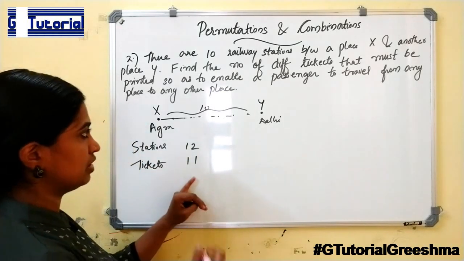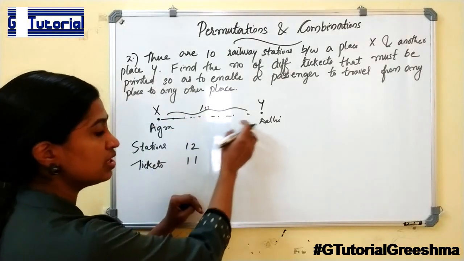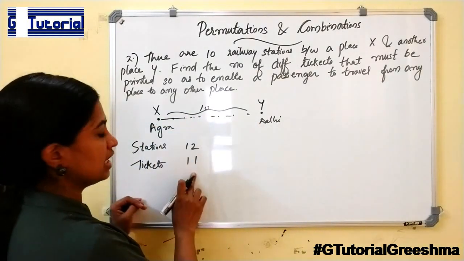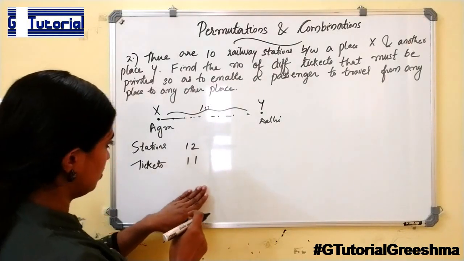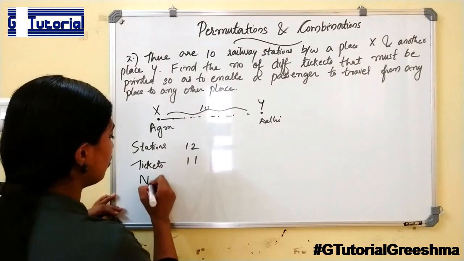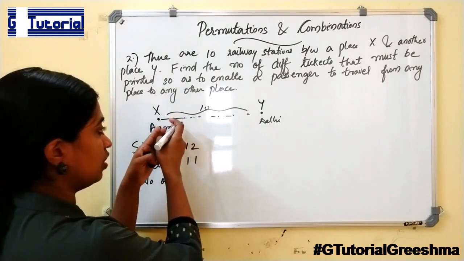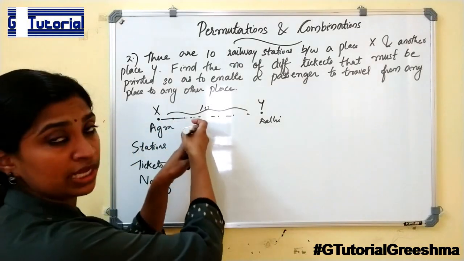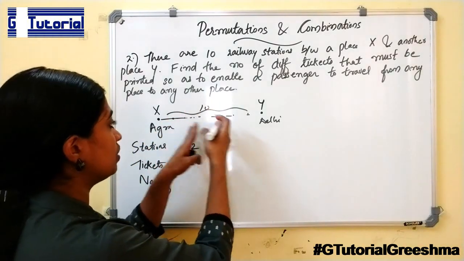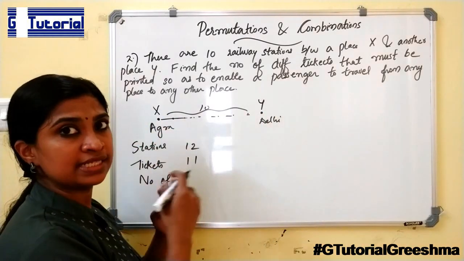11 tickets can be generated from X to the first station, X to the second station, X to the third station. Like that, 11 tickets can be generated. So, we are asked to find the number of possible ways of generating a ticket. That is, from X to the first station is possible, from the first station to the second station is possible, from the second to the third, from the first to Y, like that, different cases can arise.